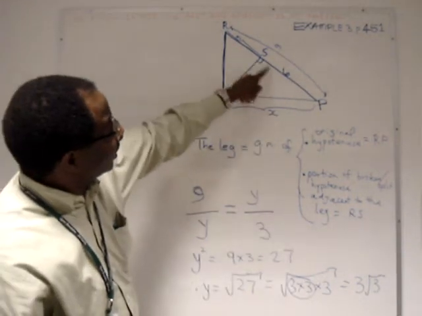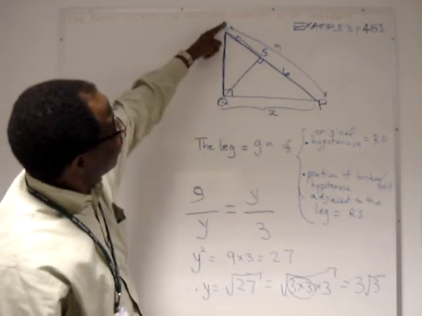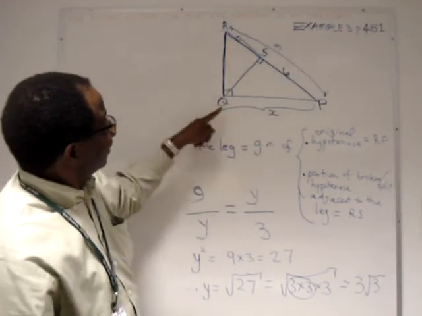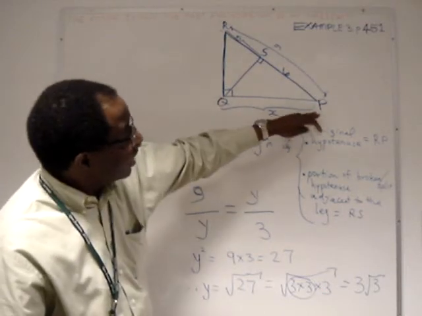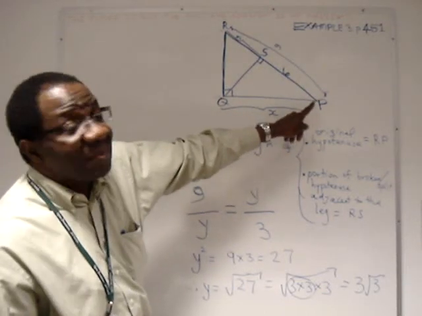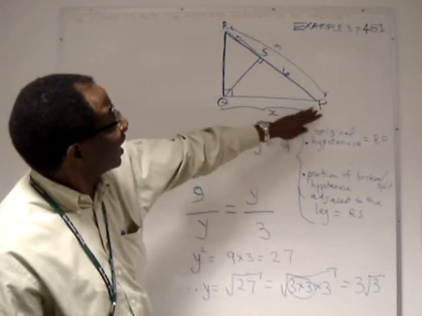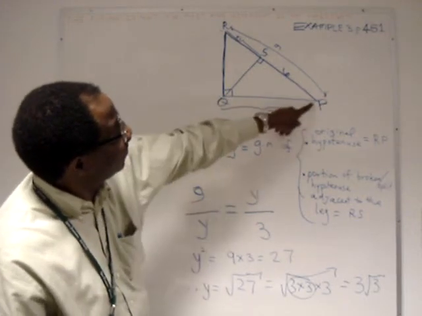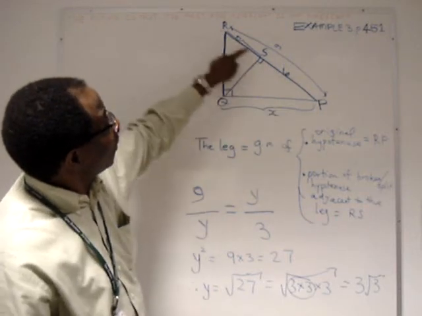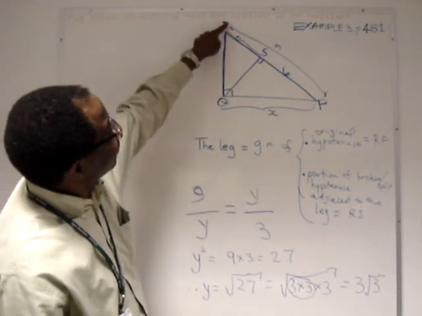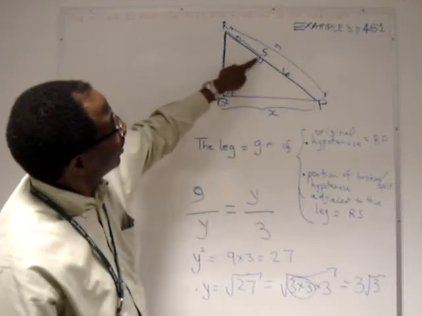And that's the one you need in this case, because it involves the hypotenuse, it involves a leg, but it must now also involve that portion of the original hypotenuse that's adjacent to this leg, and that is PS. That's why you need to know this. You were only given this, but that's okay, because 9 minus 3 is 6.